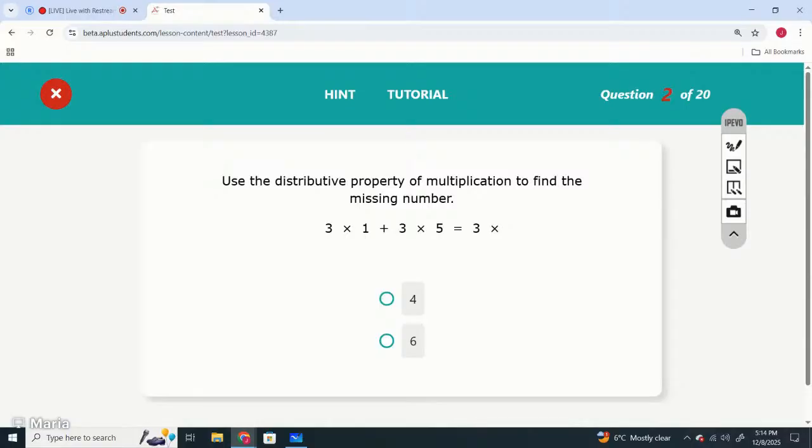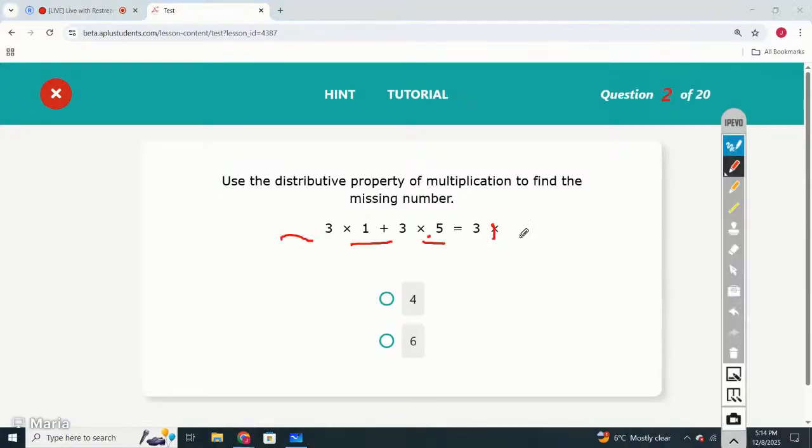Use the distributive property of multiplication to find the missing number. 3 times 1 plus 3 times 5. So you need to find the missing number, right? You are given A times B plus A times C. So the missing number would be A times B plus C. That means B plus C is missing, right?